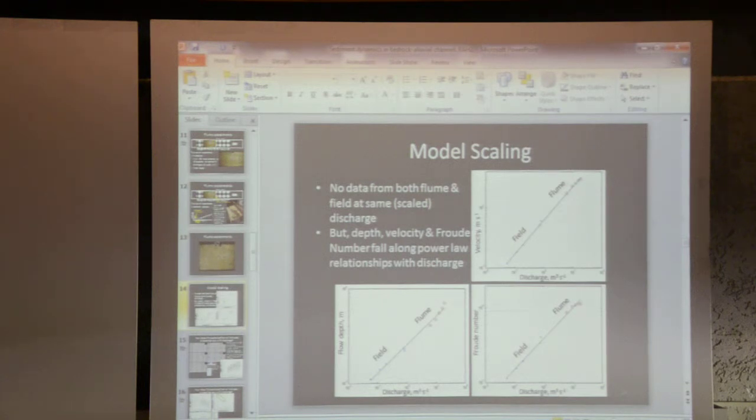So I can't really read the slide, but I guess that your field cases have Froude numbers between about 0.2 and 0.5, and your flume numbers are around 1. Am I reading correctly? Yeah, that's about right. The flume number always does seem to be stabilizing at about 1. Okay.